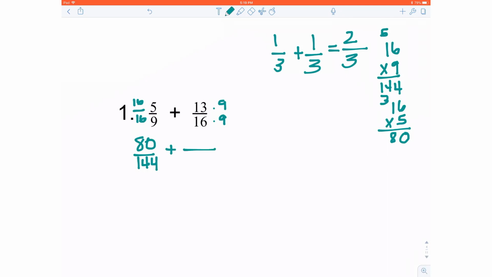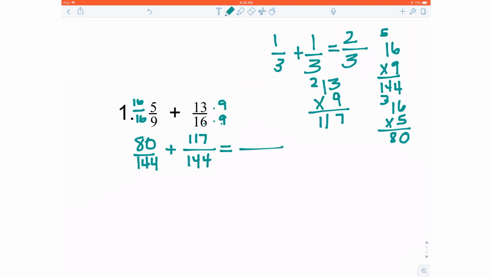Plus, we know here 16 times 9 is 144. And now let's do 13 times 9, so we can get the numerator for this one. So 9 times 3 is 27. We carry the 2. 9 times 1 is 9, plus 2 is 11. So we have 117.